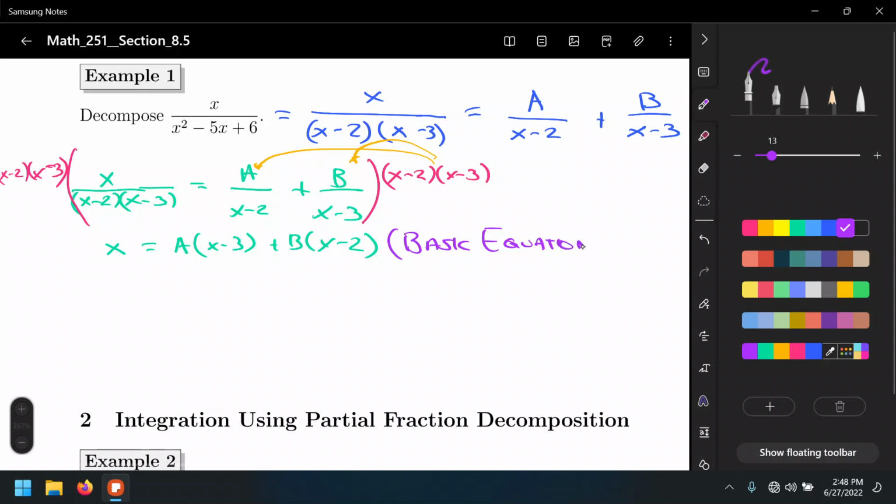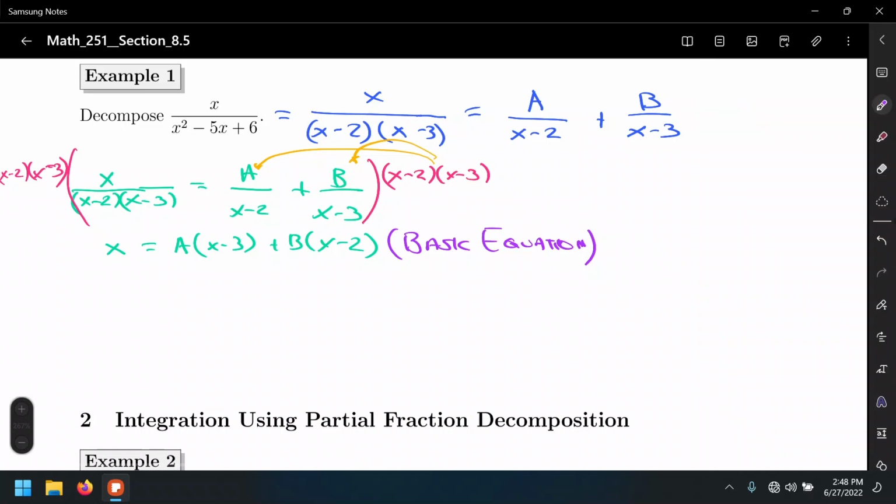This basic equation is used to find the values of a and b that decompose that funky looking rational expression into the sum or difference, perhaps, of partial fractions or simple fractions.